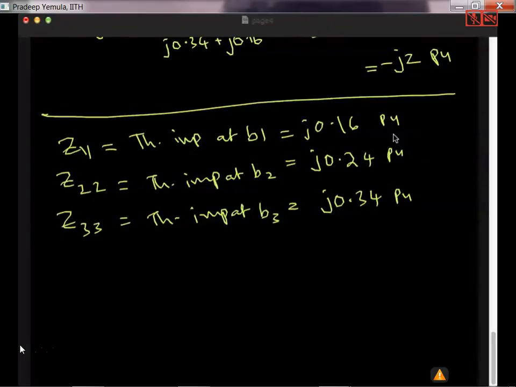I will paste the Z bus from a different problem. Yeah, so we calculated the Z bus. I'm just copying it. So this is the Z bus.